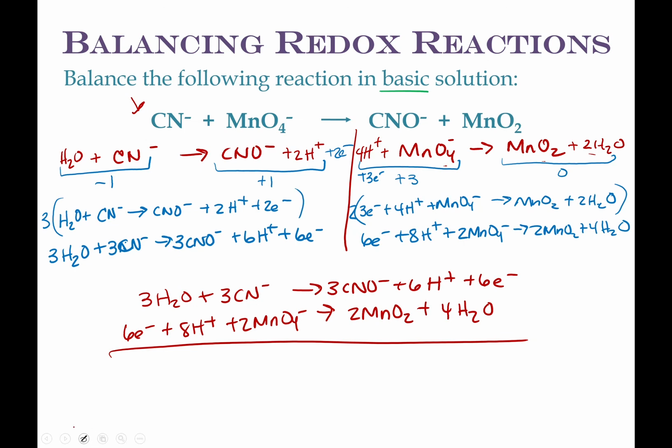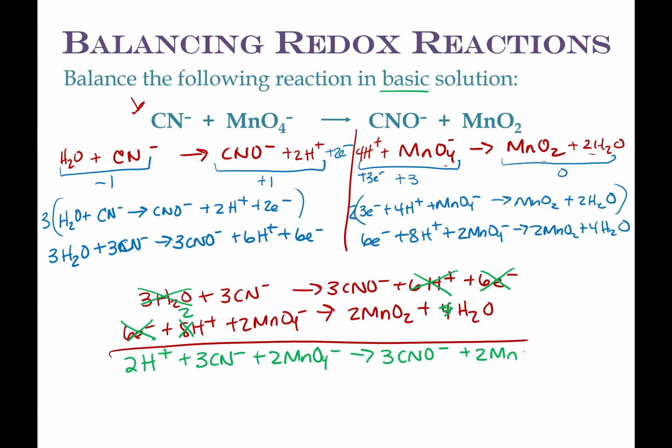Our electrons should cancel, and they do. What else can cancel? I have 6 H+, 8 minus 6 would leave me with 2. I have 3 water, so that'll leave me with 1 water. And that will give me 2 H+ plus 3 CN- plus 2 MnO4- goes to 3 CNO- plus 2 MnO2 plus H2O. And that should be our final.